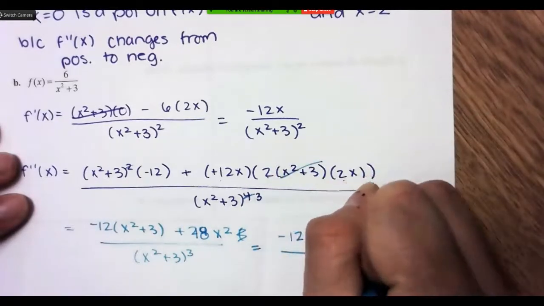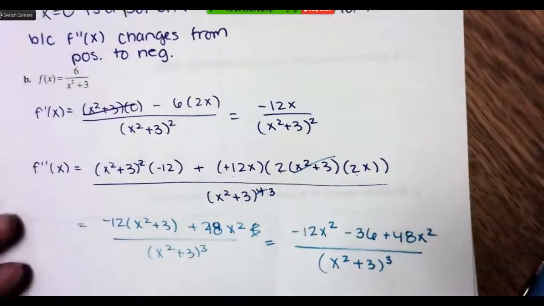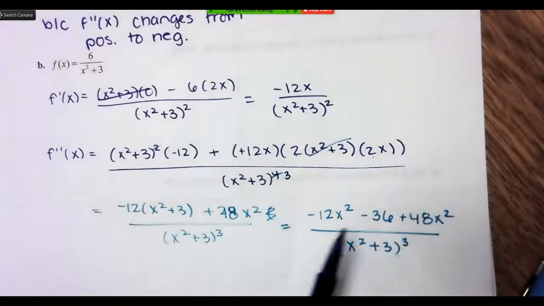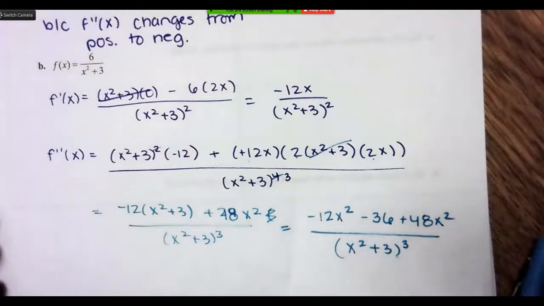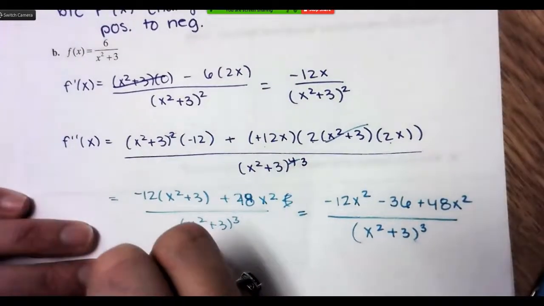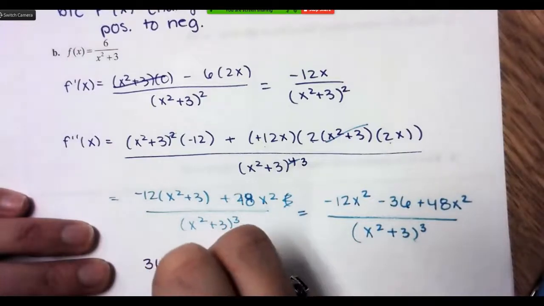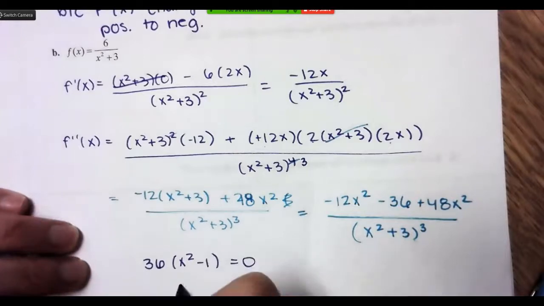You use top and bottom to find your critical points. So 48 minus 12 actually gets me to 36x squared. So then you have a 36 here. So I'd factor my 36 out, leaving me with x squared minus 1. So that makes my critical points there, x equals plus or minus 1.